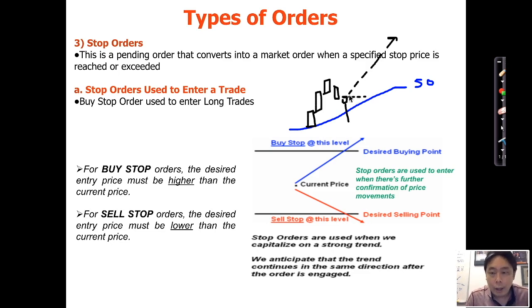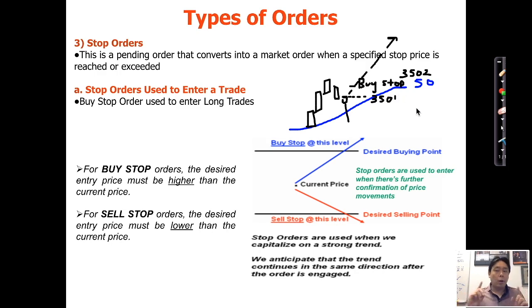So let's imagine that the current price is 3501, right? That's the current price right now. Okay, so I would place a buy stop order just above the high. So for example, I could place the buy stop order at 3502.